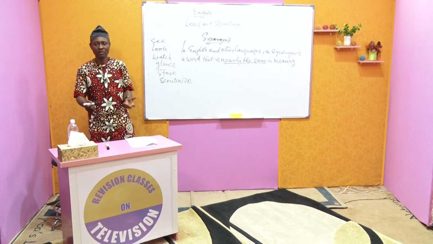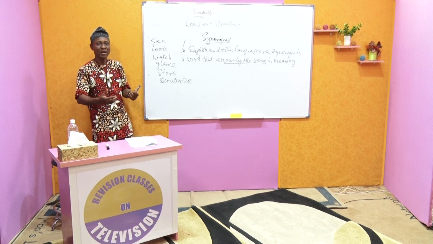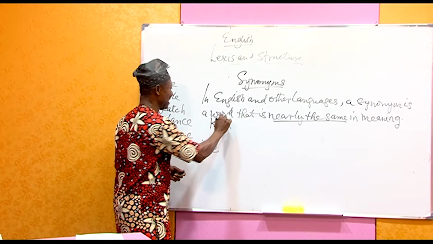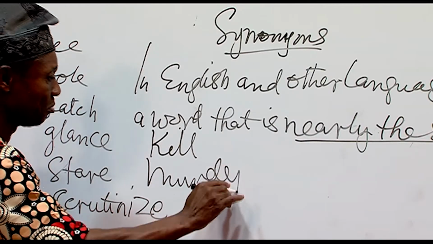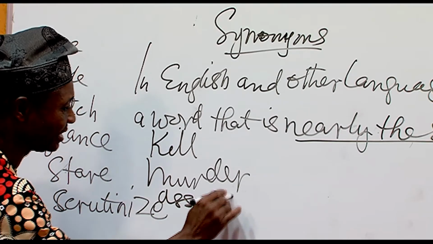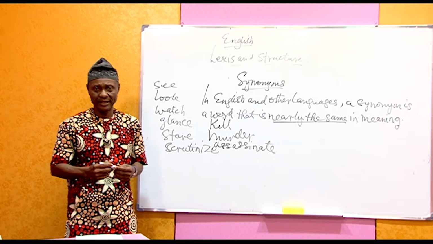In the same vein, you have other words that mean taking away somebody's life. For example, if you have a word like kill, you also have other words like murder. You also have other words like assassinate. There are so many in English.